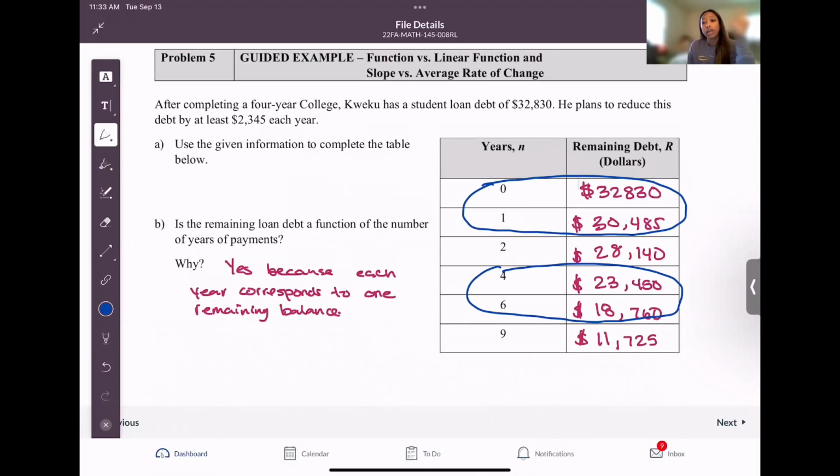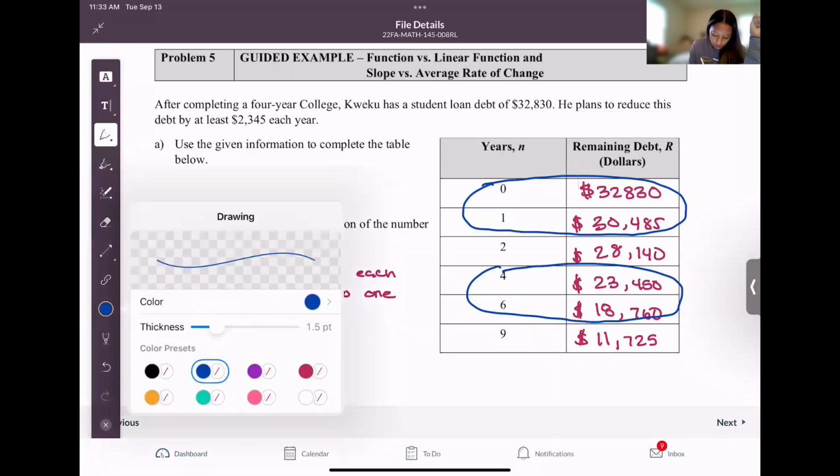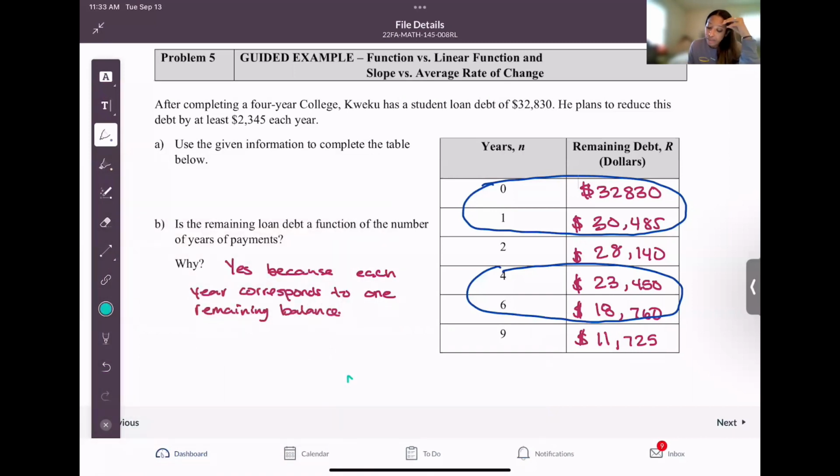We can all agree that we've calculated and determined that the slope was negative $2,345. Okay, I hope we all agree with that. The other bit of information we would need is the y-intercept, which is given here. We start off with $32,830 in debt, and then every year it goes down by $2,345. So we'll put that together to write out the equation.